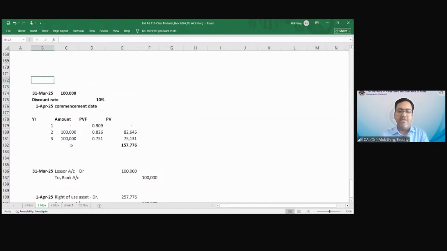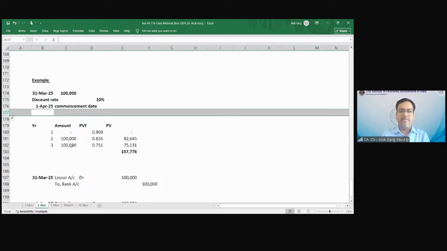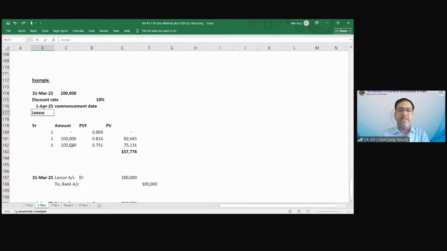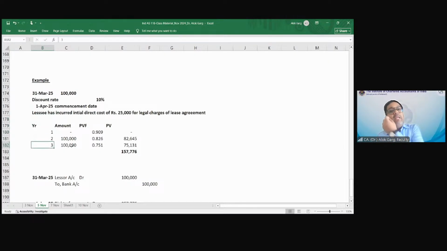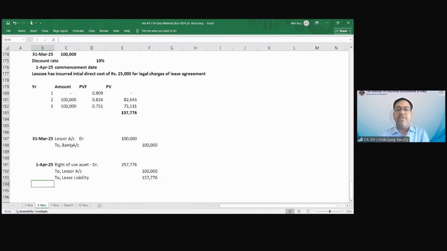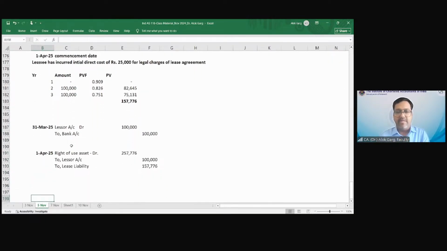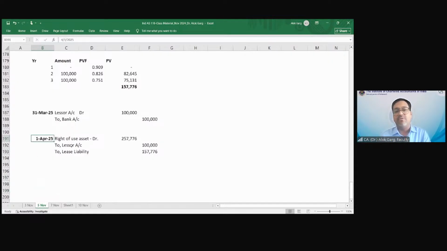Example: the lessee has incurred initial direct cost of rupees 25,000 for legal charges of the lease agreement. The lessee had to pay this much amount also when the lessee made the agreement on 1st April. What is the accounting entry for that?